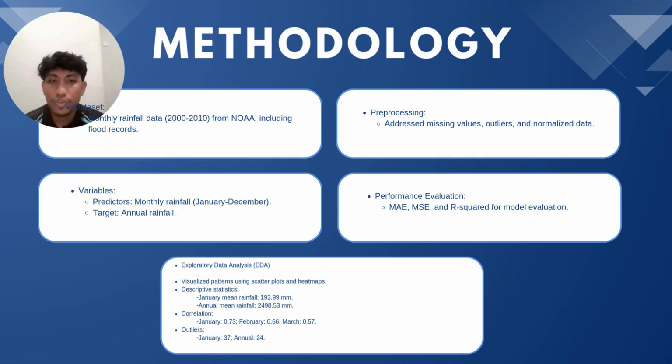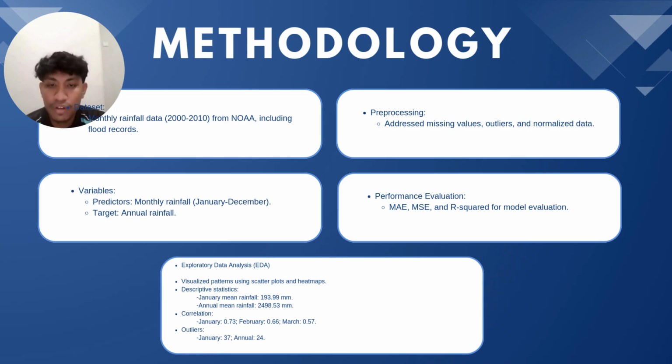The final method we use is EDA, exploratory data analysis. It is about exploring the dataset before solving the problem. It is the process of exploring and summarizing data. Also, EDA visualizes patterns using scatter plots and heat maps. In my dataset, we have descriptive statistics.